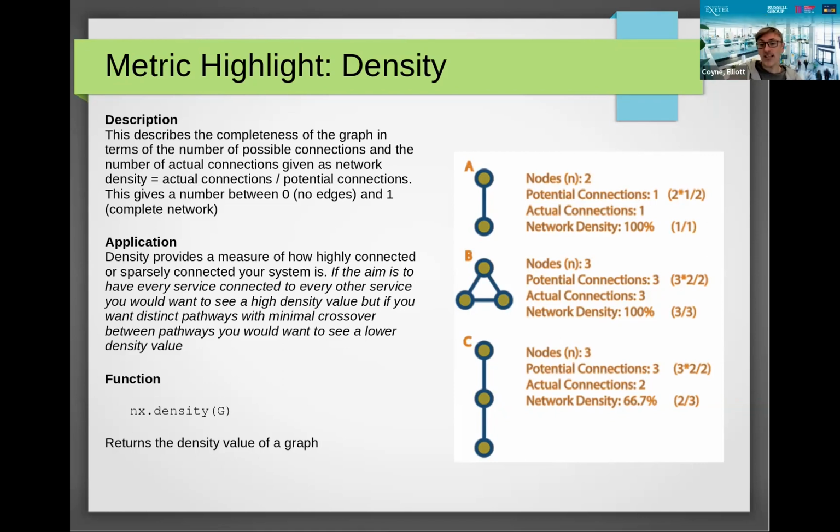And if that was the case, it would have a density of 100 percent, or 1. But in this case, because we've only got 2 of the potential 3 being used, it has a density of 66.7%. And again, quite an easy way to implement this would be to use nx.density, and then you just pass in the graph object.